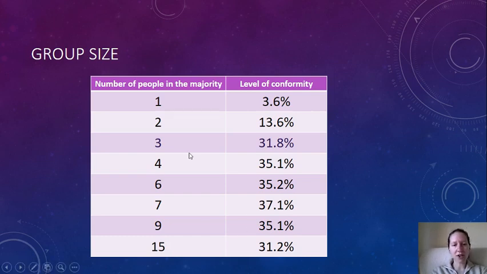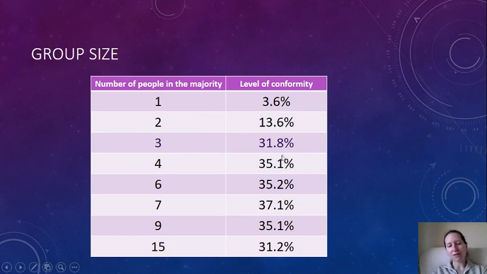Then we go on to where you have three other people, and suddenly the figure jumps to 31.8%. Basically it's gone to 32%, which is quite close to the original. So Asch suggested that this was basically the optimum number. You can see that once we get beyond 3, it does increase, but not really significantly.